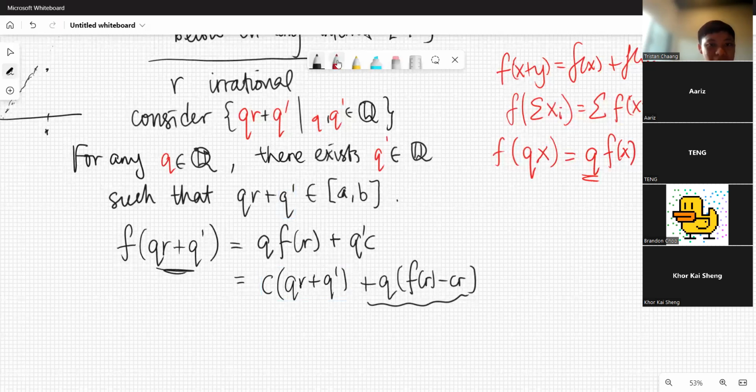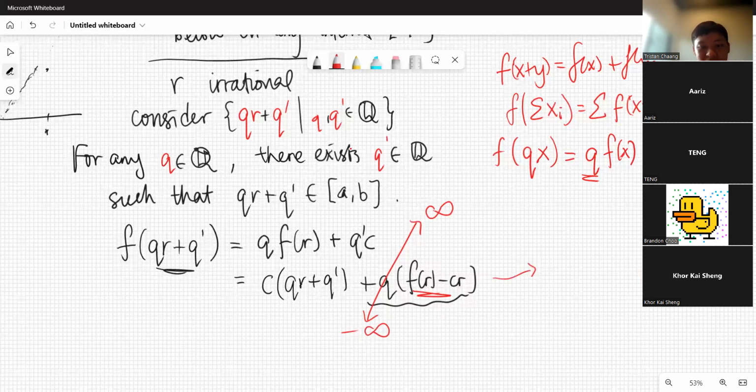So if we take q to go to infinity, then this whole function goes to infinity, right? Because f(r) minus c·r is not zero. It is a finite number, which multiplied by a very large number gets very, very large. I mean, it can be negative infinity as well, if this is negative. And we also can let q go to minus infinity to go in the opposite direction.